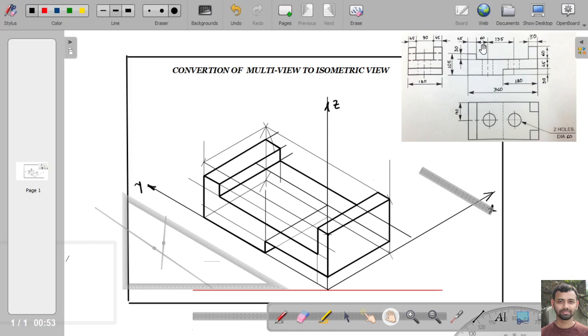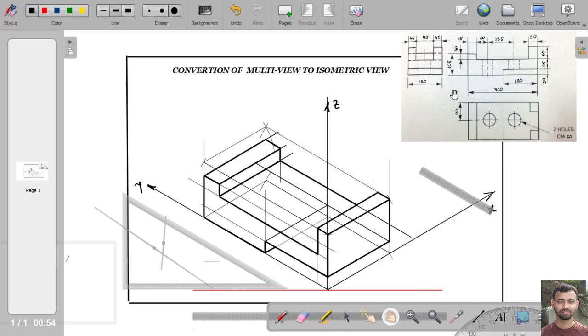Okay, so we have to locate the center point of the circle. Similarly, this circle is placed from this circle at a distance of 135 mm. So at first we will locate this hole, then we will locate this hole.